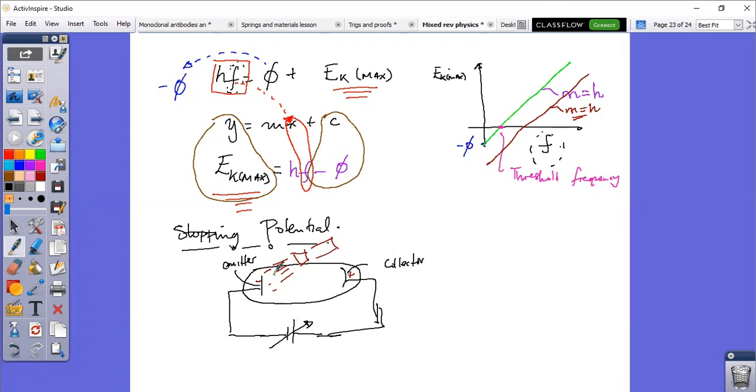Now, when emission starts, because it's a variable power supply, I can change this polarity to be ever so slightly positive and keep changing it until I get to a point where no electrons are being emitted. At that voltage V, where the photoelectron emission just stops, that is what I call my stopping potential.